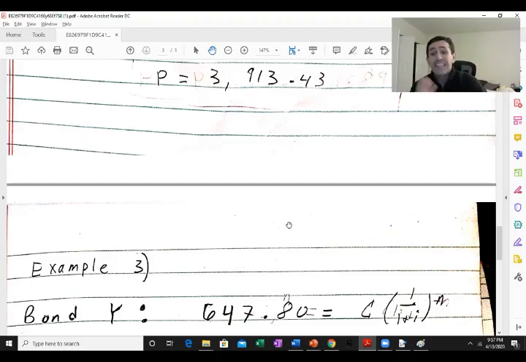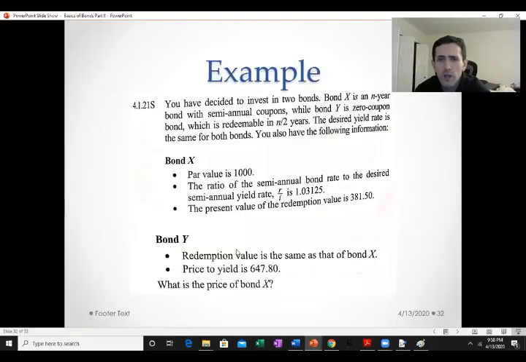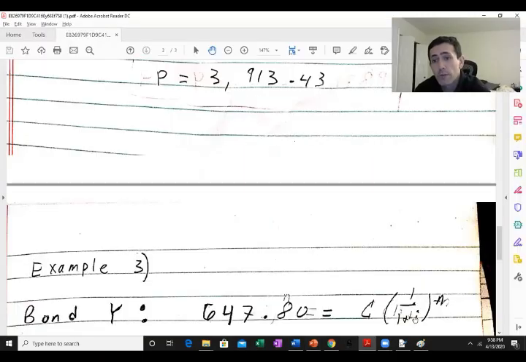And we're given that the price of this zero coupon bond is $647.80. So C times 1 over 1 plus I to the n is the present value, which is the price of the bond. And they have the same yield rates, so that's why we're using I here.